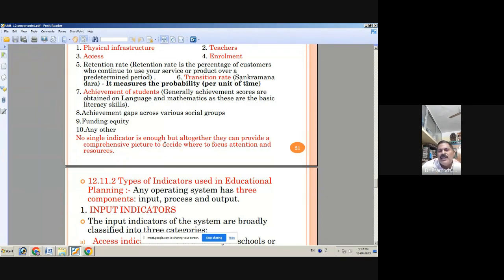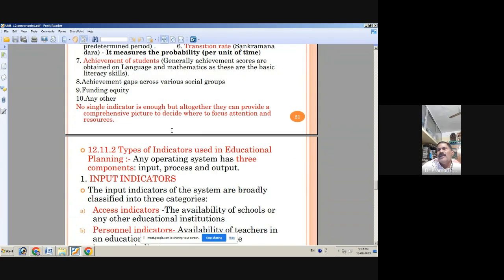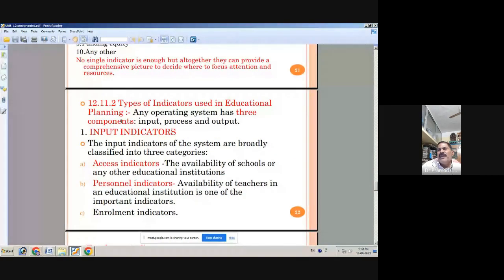So we cannot be satisfied with one indicator. All the indicators are taken into consideration, and you know that planning is very important.